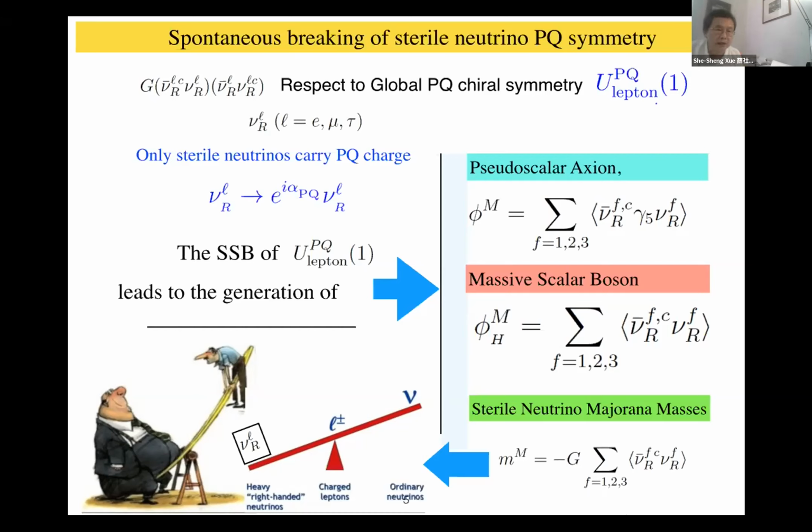This condensate of sterile neutrino is about 100 GeV, so it's very similar to the Higgs. The pseudoscalar axion is similar to the Goldstone mode eaten by W and Z. But here, this axion is not eaten; it just travels free in the ground state, playing the role of the axion. Okay, next slide, please.